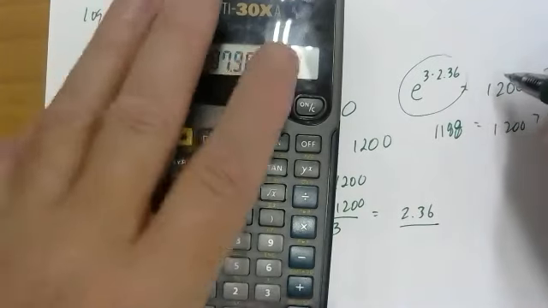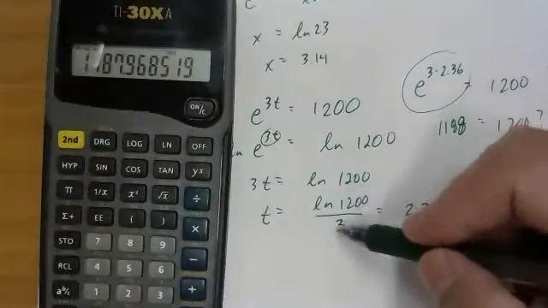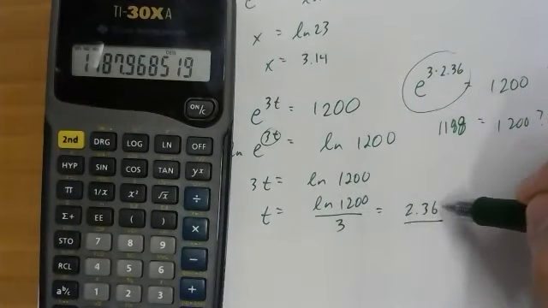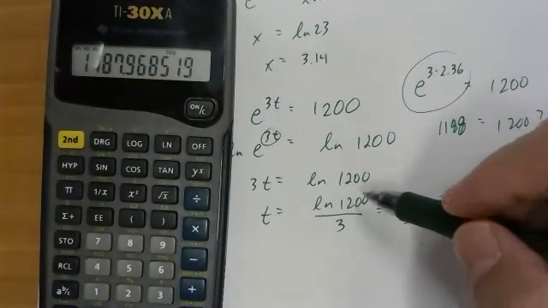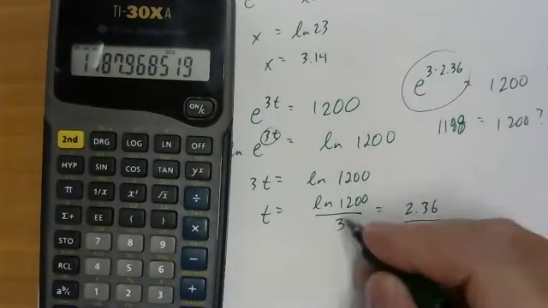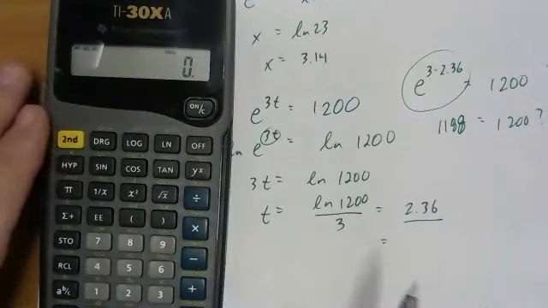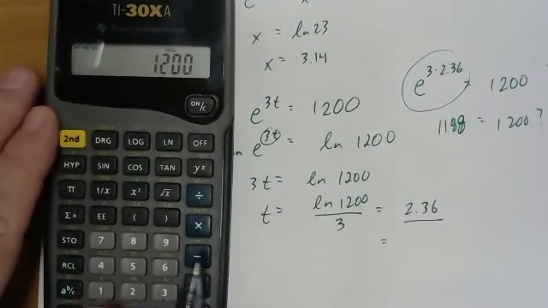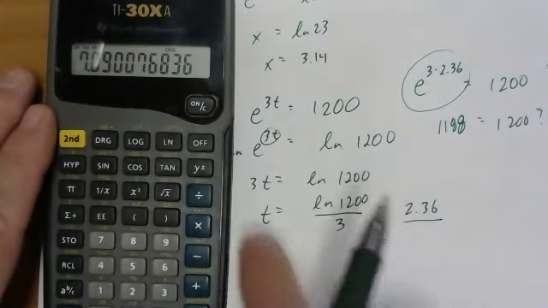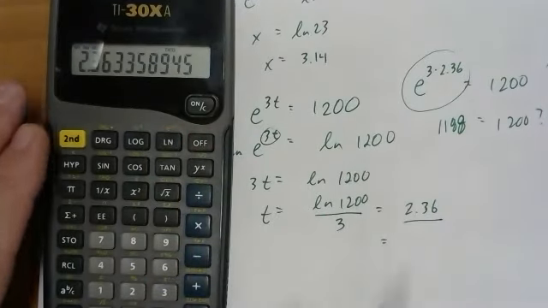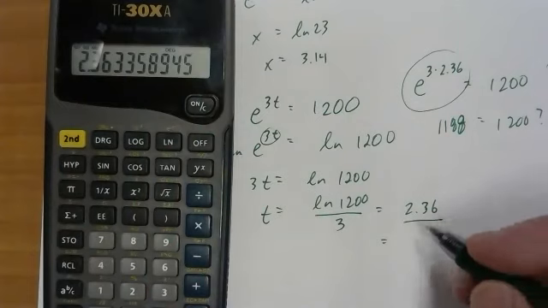That's true, but you know what the problem is? When I did this calculation, I rounded off. Just for fun, what if I don't round this off? And let's see what happens. So what if I say natural log of 1200 divided by 3? Now let's keep a bunch of these digits. It's a little crazy.